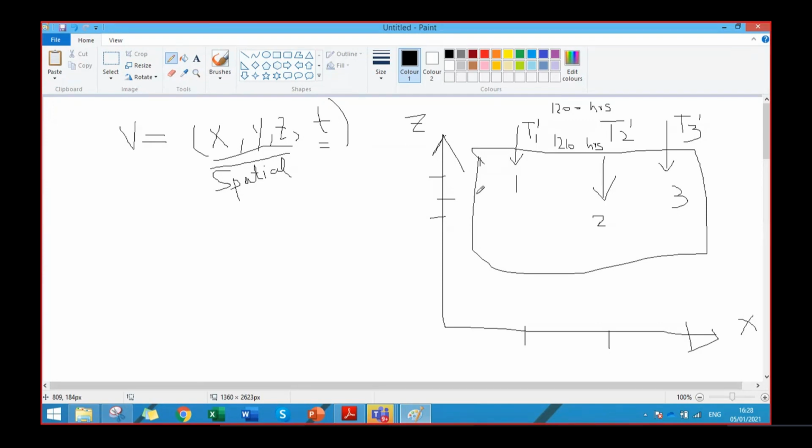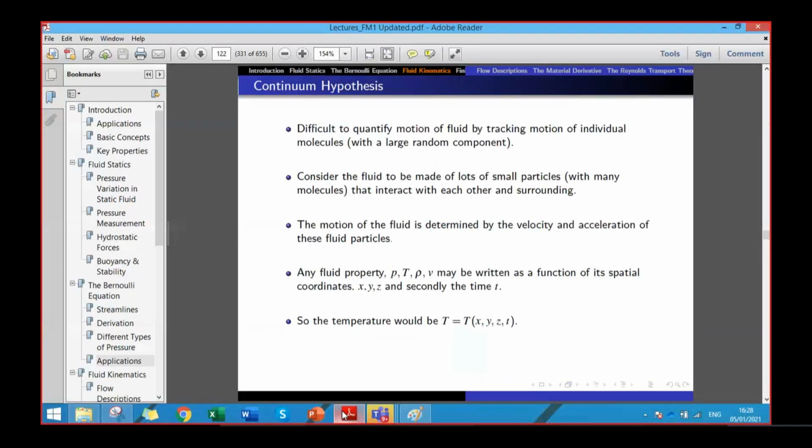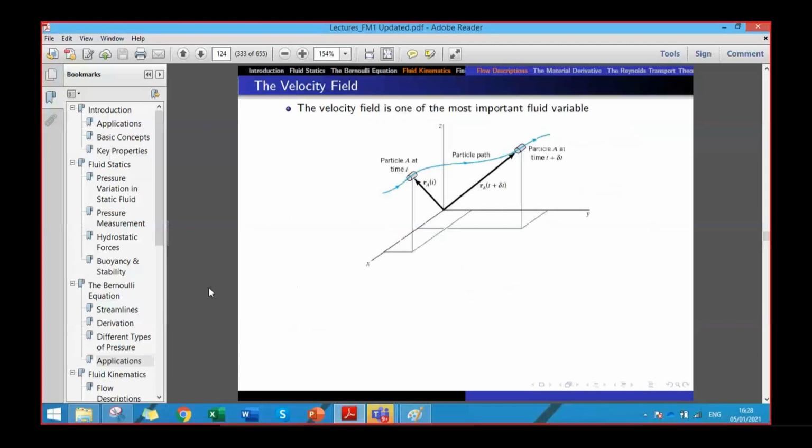There is a change with respect to the location as well, and there is a change with respect to the time as well. Clear? So the properties of fluid will generally be a continuous function. So we need to define a continuum in order to have the velocity, in order to have the fluid properties well determined. Okay, all right. Is it clear?